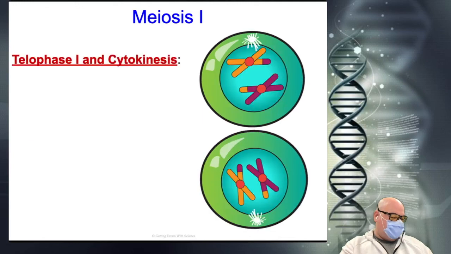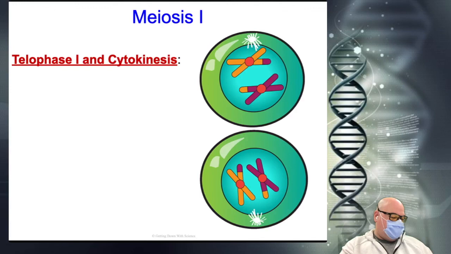Now, we're still in meiosis one. The big thing is we have two again. So telophase, T for two, is how I've been telling you to keep that straight. Everything's pretty much the same right here, except for the number of chromosomes.